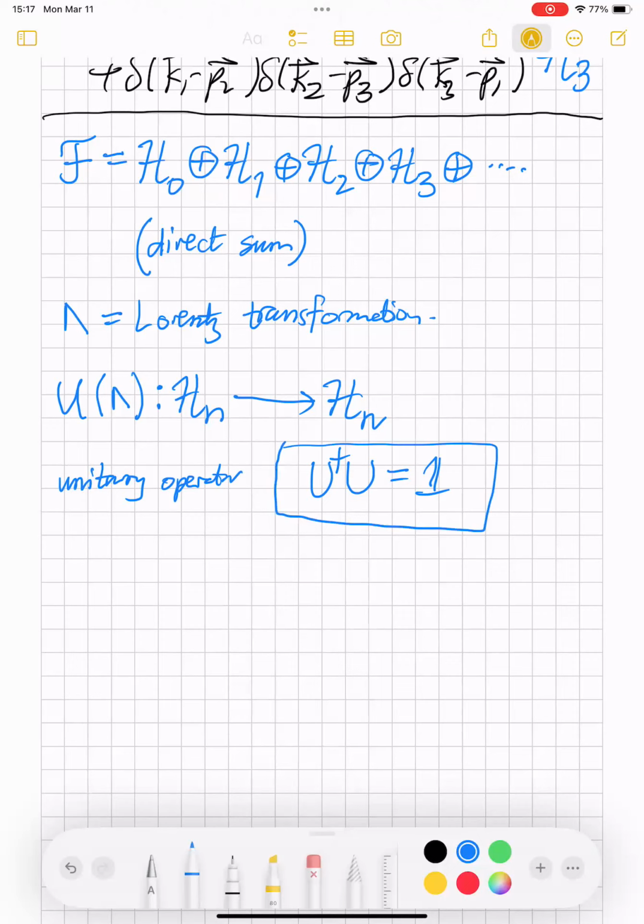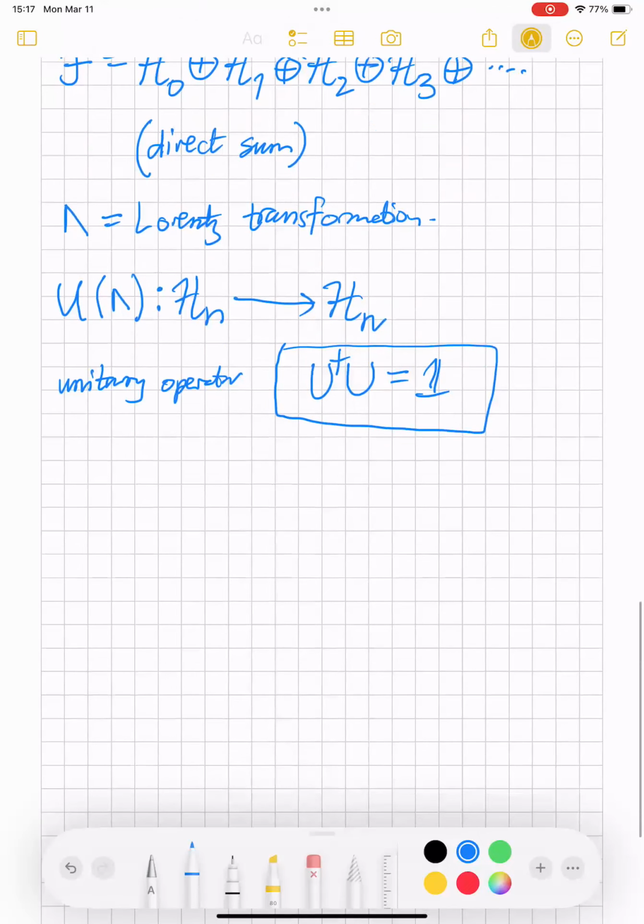Now, why are unitary operators important? Well, if you want to make a physical prediction in quantum mechanics, you always do it as follows. You start off with some initial state, and you want to calculate the probability that you will make a transition from this initial state to some final state.